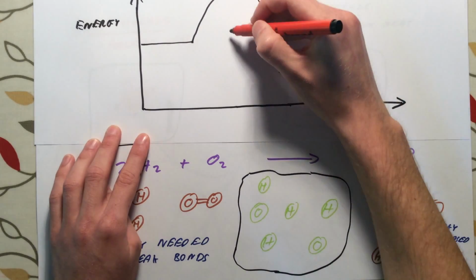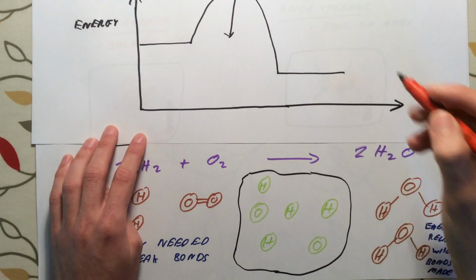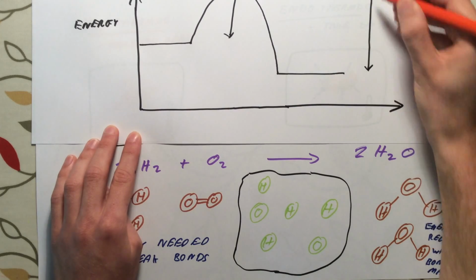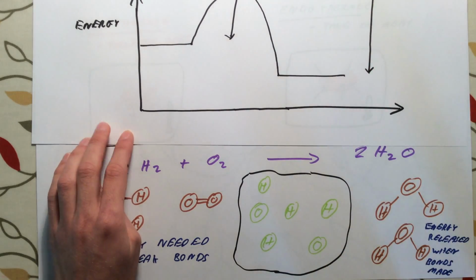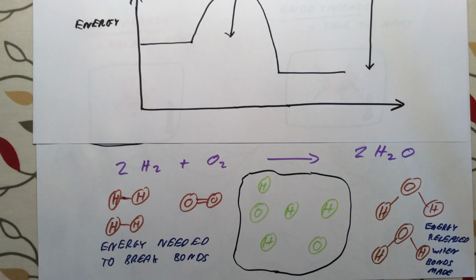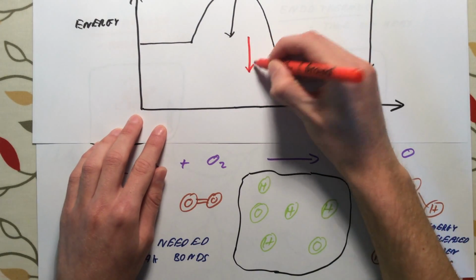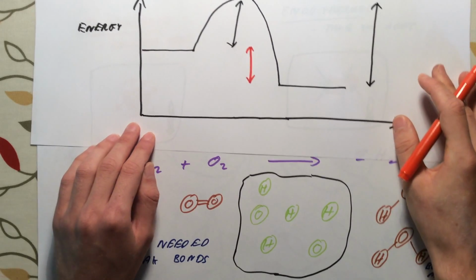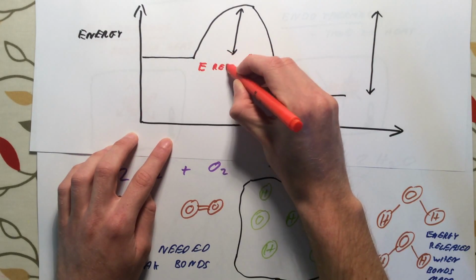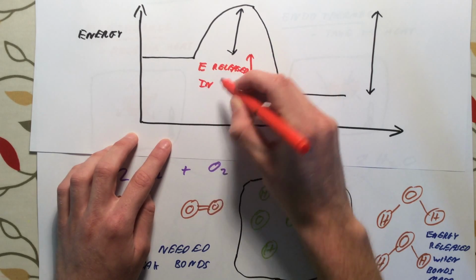So I need to put in this amount of energy to break those bonds in the first place. This here is the energy that is given out when I make my bonds for my products. The energy difference here, the gap from here to here, would be the energy released in the reaction. So E released in reaction.